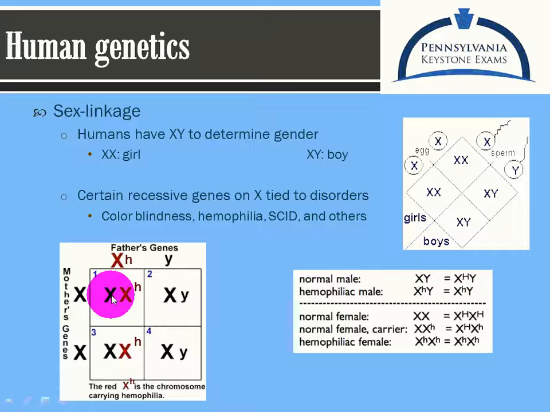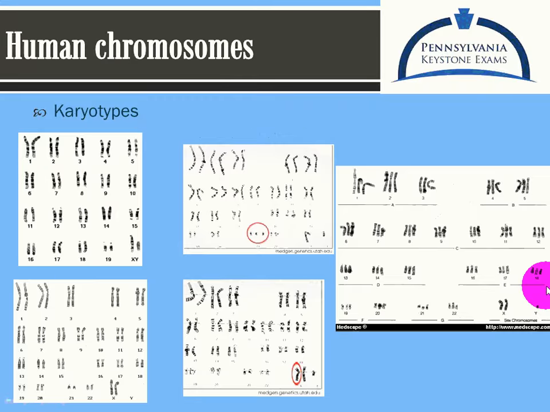But you can see here, this woman, big X with a little h. So she does have the gene for hemophilia, but she does not actually express or show the disease because she has a good copy of the gene. If a male over here is X^h Y, he has hemophilia. So what we're looking at here is just another way to look at it, putting a different spin on this whole genetics issue.